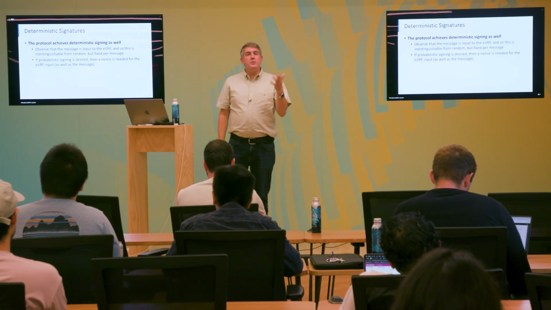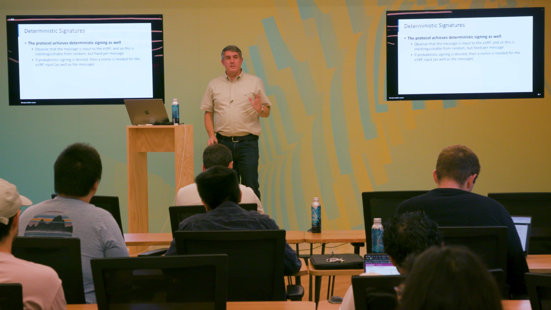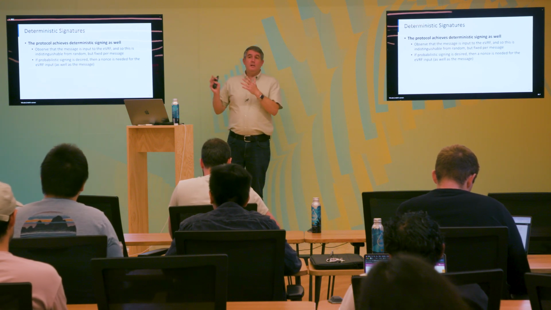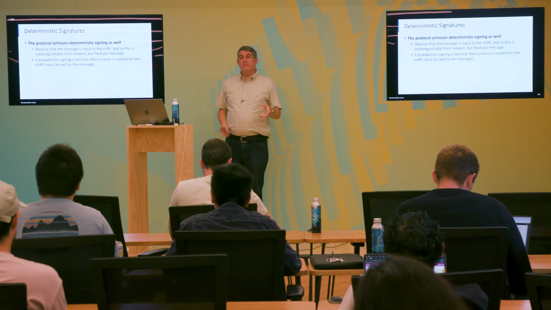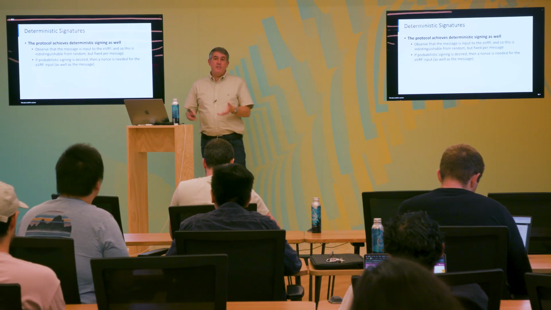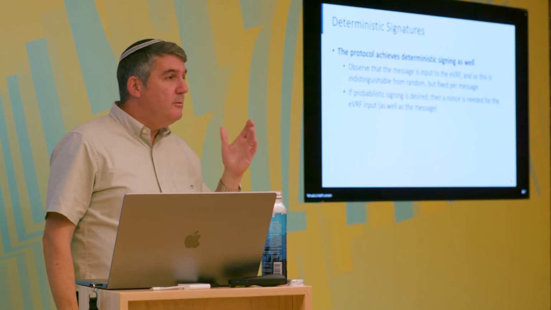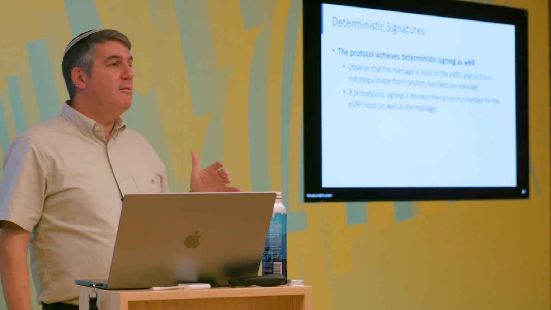This enables you to prove security and show that you have deterministic signatures as well. And the cost of this protocol will be comparable to the cost of the eVRF. The eVRF constructions we have are reasonably efficient. We think, in back of the envelope estimates, between 5 and 20 milliseconds.